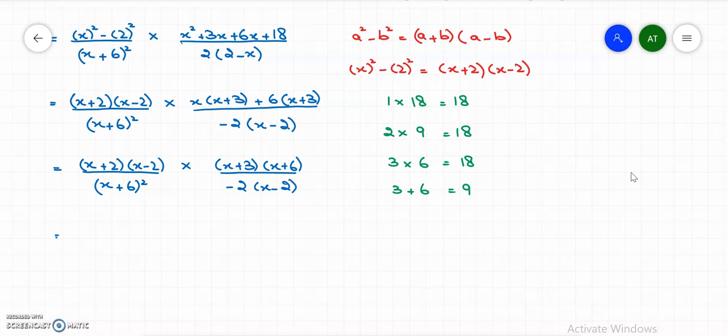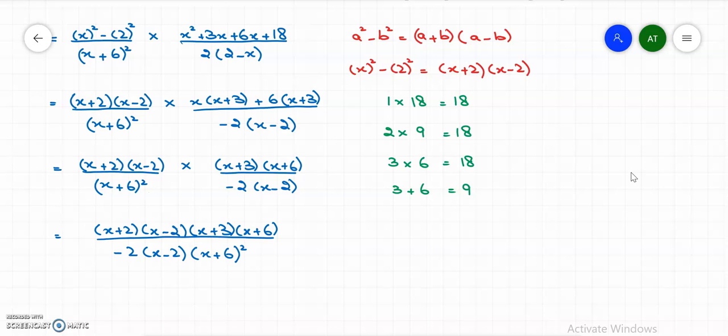Okay, let me multiply them. So it would be x plus 2, x minus 2, x plus 3, x plus 6 whole, divided by negative 2 times x minus 2 and x plus 6 whole square.